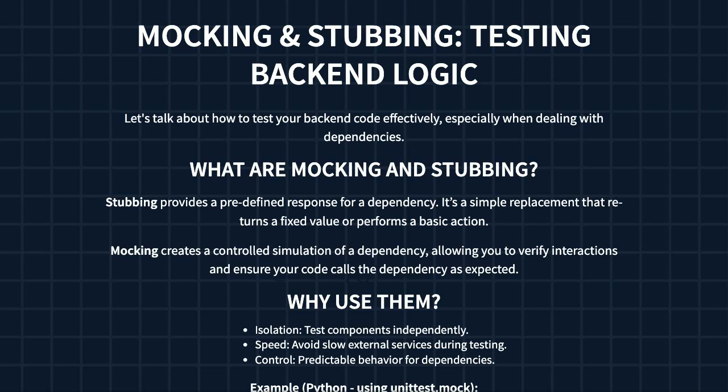Mocking, on the other hand, is a bit more sophisticated. It creates a whole simulation of the dependency so you can actually check how your code interacts with it, whether it calls the right methods, passes the correct arguments, and gets the expected results. They help us isolate components, speed up tests, and have much greater control over our testing environment.